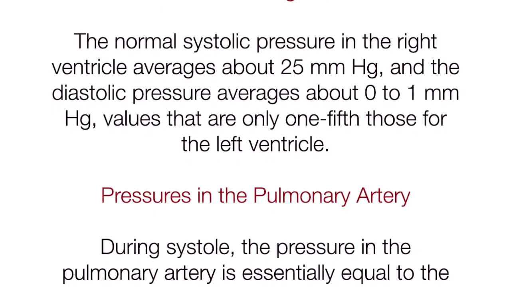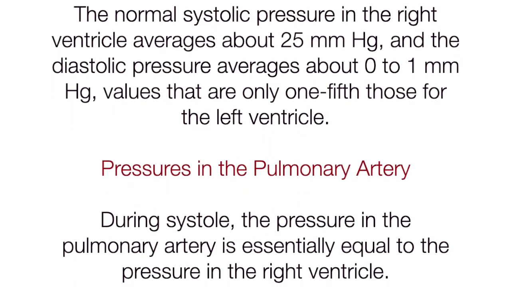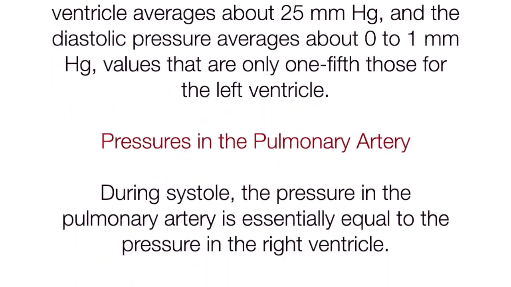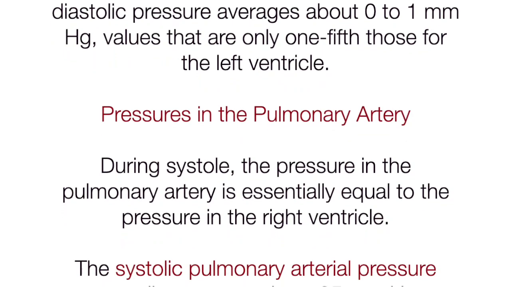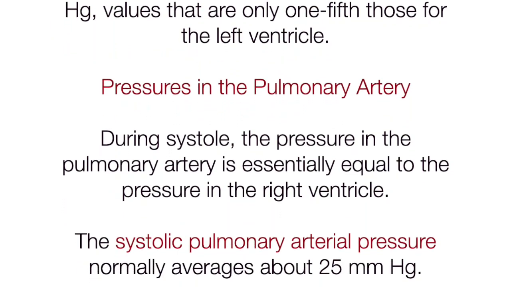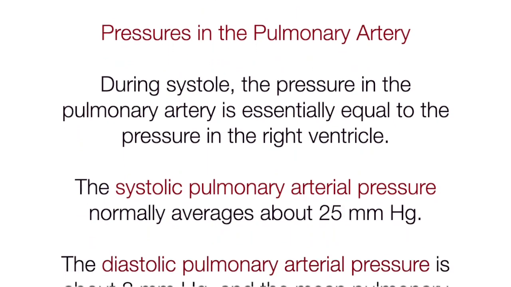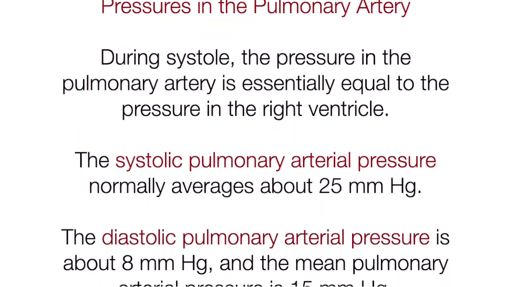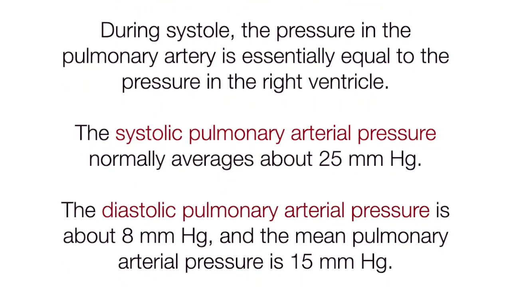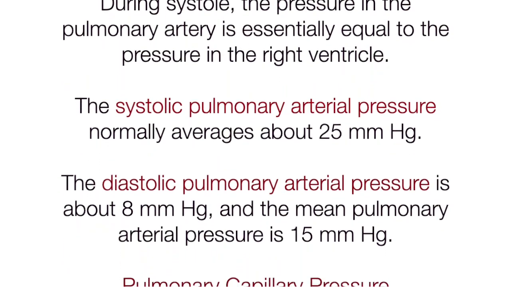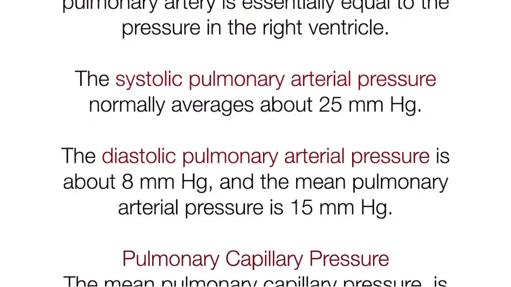Pressures in the pulmonary artery. During systole, that is contraction of the ventricle, the pressure in the pulmonary artery is essentially equal to the pressure in the right ventricle. The systolic pulmonary arterial pressure normally averages about 25 millimeters.